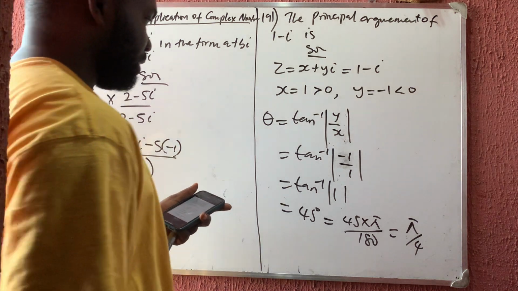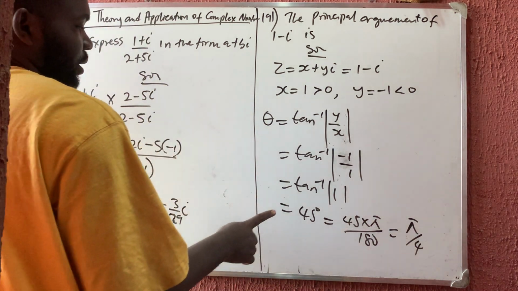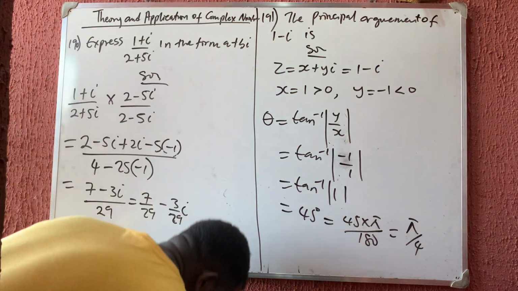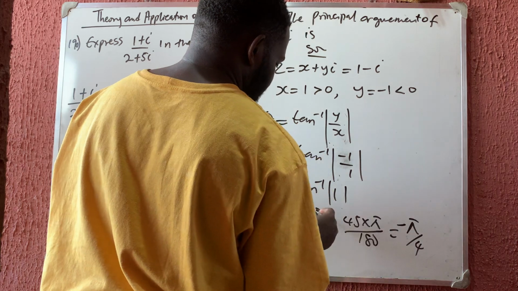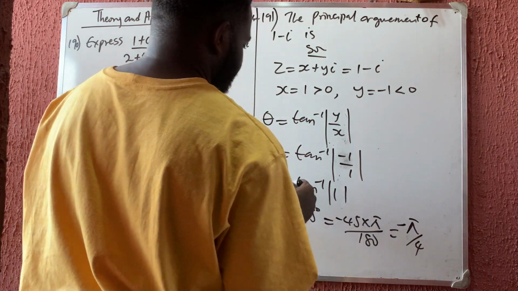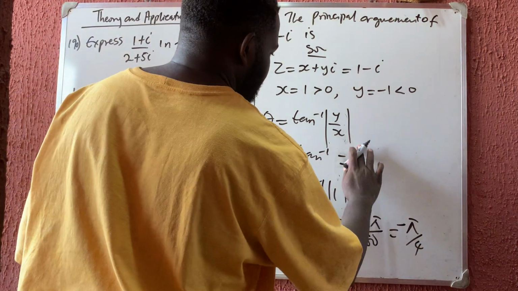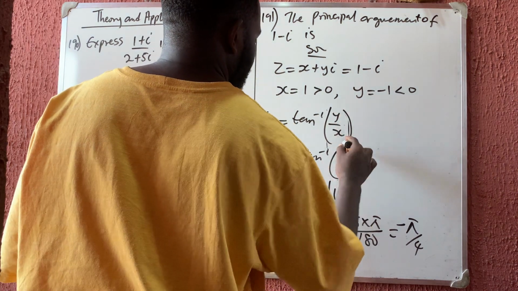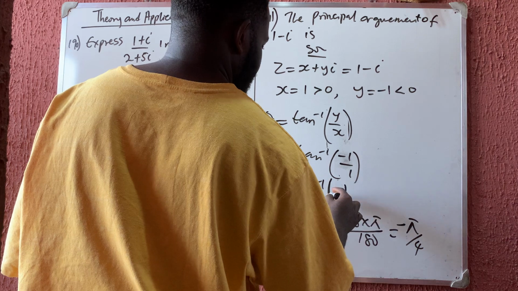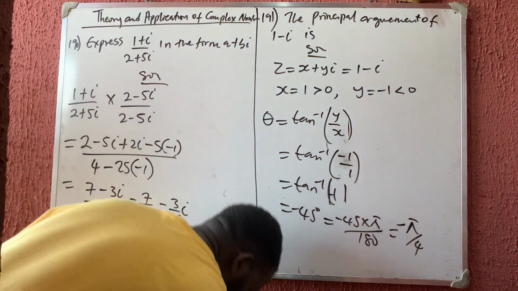So the principal argument is the tan inverse of minus 45, that is minus pi over 4. So we're not taking the absolute value, we're just taking this.